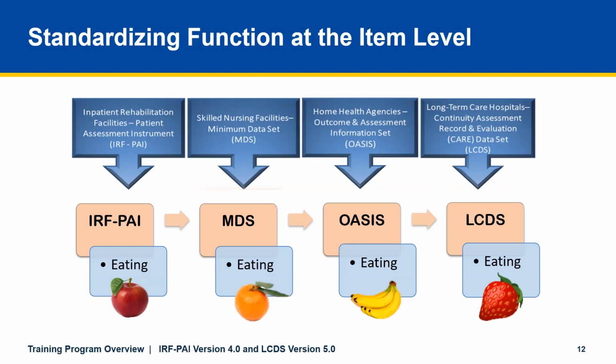Historically, the post-acute care settings collected similar information on their respective assessment instruments. However, variation between settings has made cross-setting comparisons and interoperability of data difficult. This slide demonstrates this concept by depicting different types of fruit for each PAC setting. So for example, the item eating has been assessed in each setting, but done so differently.